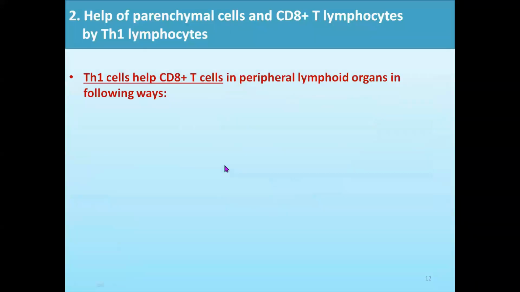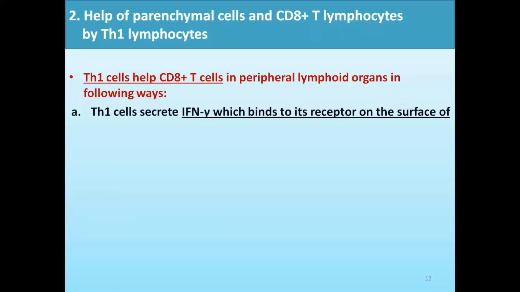Now let's study how Th1 cells, Th1 lymphocytes, help infected parenchymal cells like hepatocytes and CD8 positive T lymphocytes in their function. Th1 cells help CD8 positive T lymphocytes in peripheral lymphoid organs in the following ways.